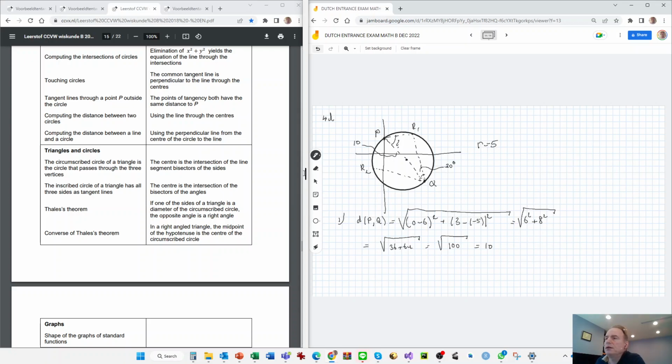Okay, here it is, this Thales theorem. One of the sides of a triangle is a diameter of the circumscribed circle, which is the case here, namely PQ. The opposite angle is a right angle. So they're saying that this angle here is actually 90.